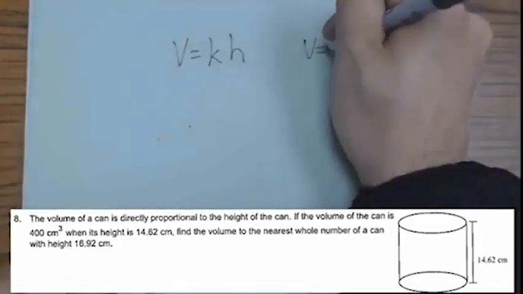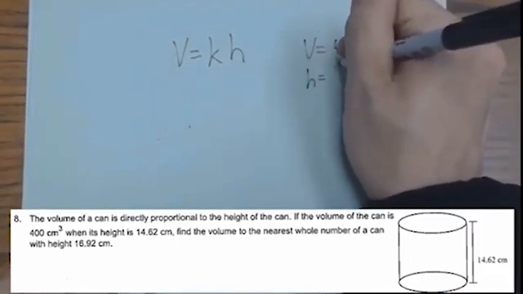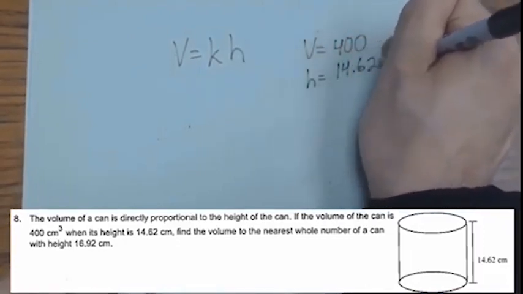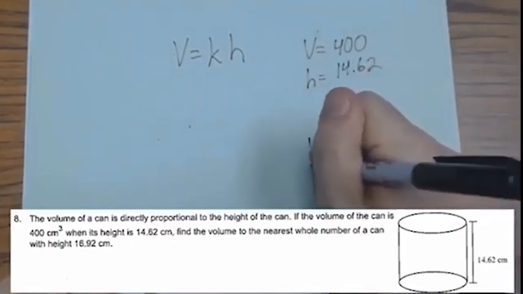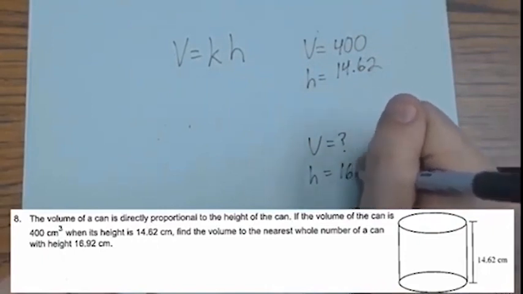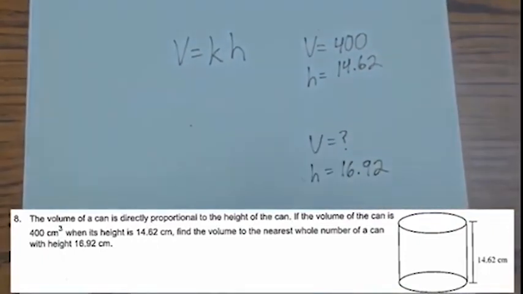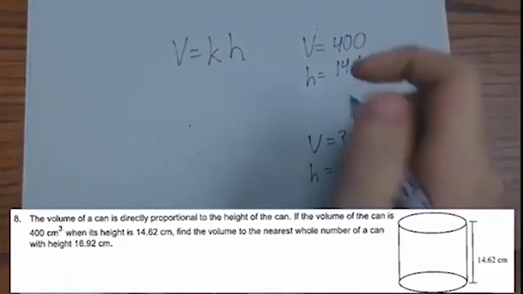If the volume is 400 when the height is 14.62, find the volume when the height is 16.92. So there's the information. Nothing's changing with how we do it, though.